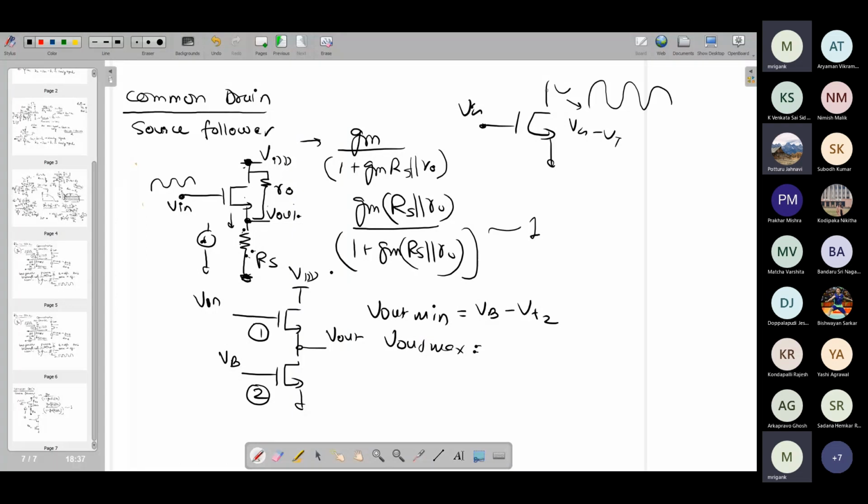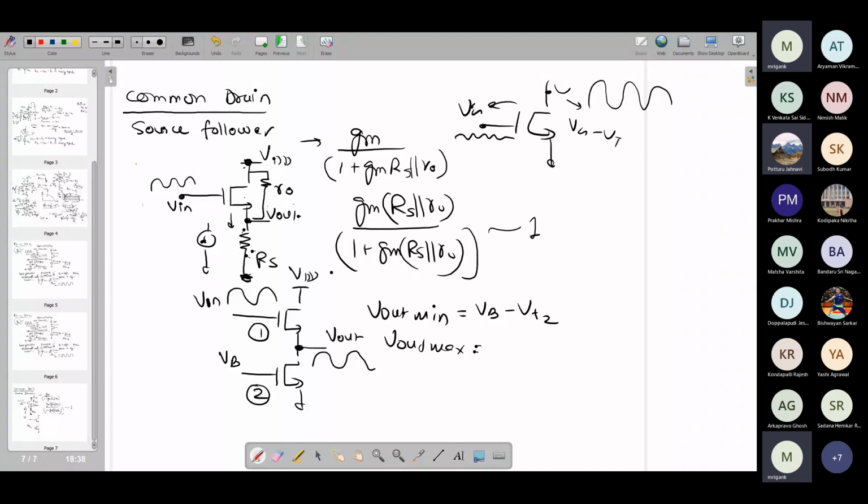Here the signal swing is very small, so I can ignore it and simply write VG minus VT. Same thing for a common gate. Here, however, the story is different. Here, the output signal is almost the same as the input signal swing. Whatever swing we get here, almost the same swing we get there. So I can't ignore the input signal swing compared to the output signal swing while looking at the swing consideration.